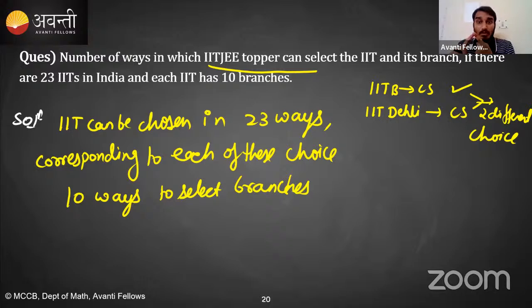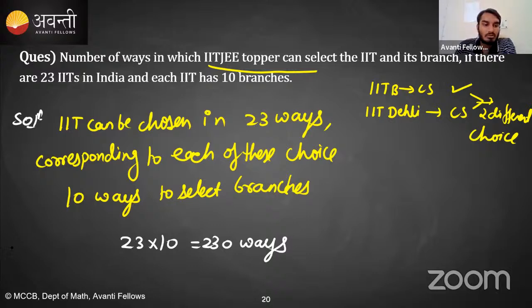First I am choosing my IIT and then I am choosing my branch, right? You can see here I am using the word and, so it means I have to multiply these two numbers. How can it happen? First choose the college and then choose the branch. So there are 23 into 10, which means 230 ways. Clear? So the total ways are how many?